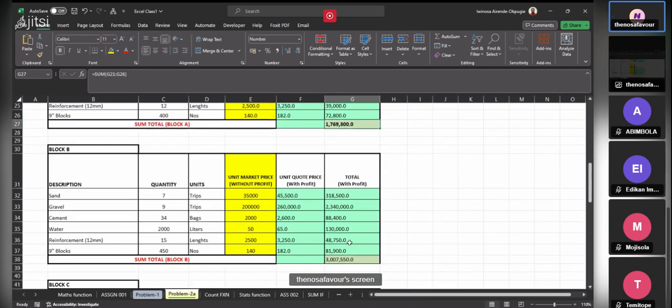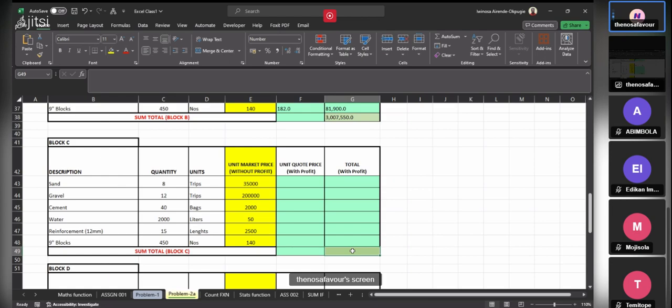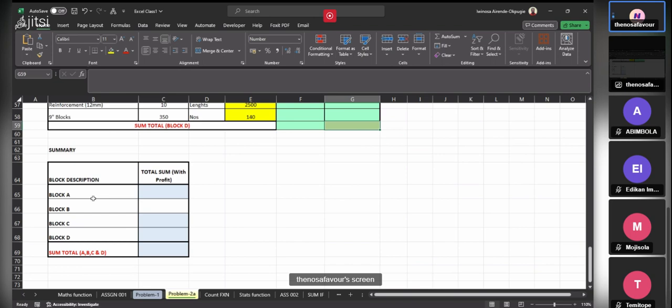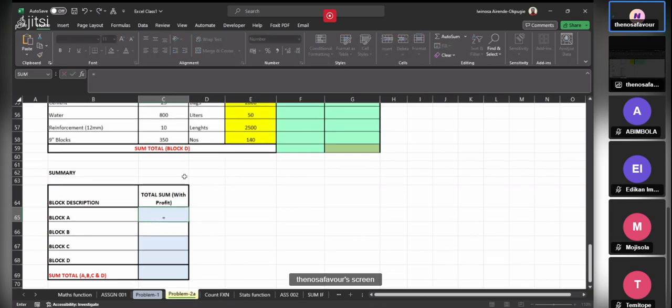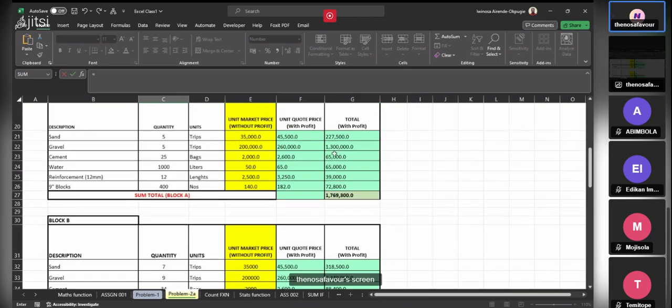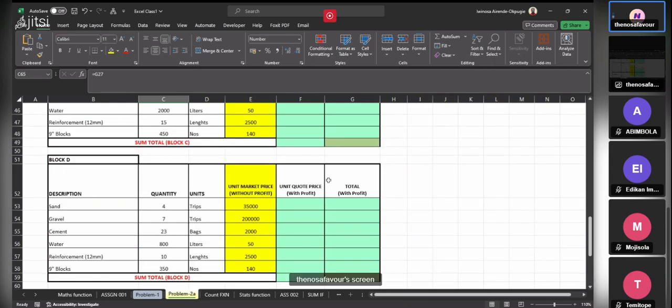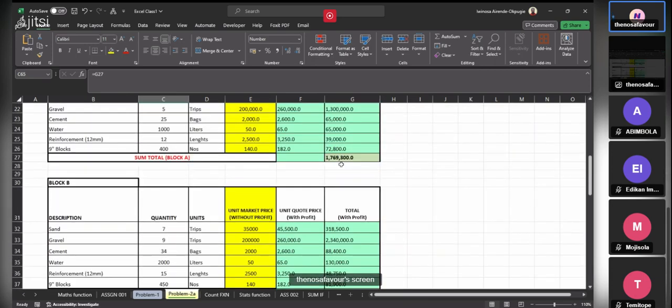So for the summary, we'll just say for block A, equals to, we scroll up to the total for block A and select this cell and hit enter. So automatically Excel goes there and picks up the figures here.